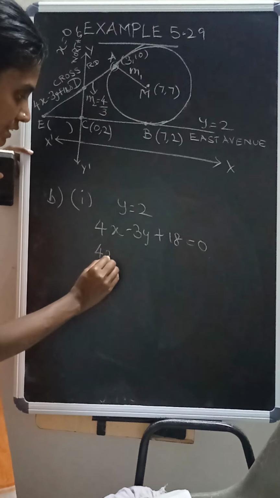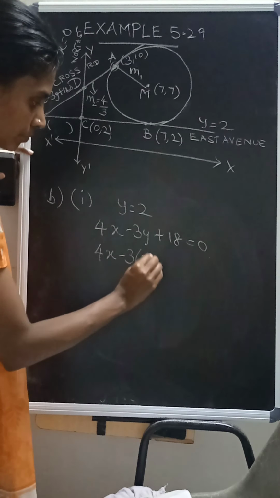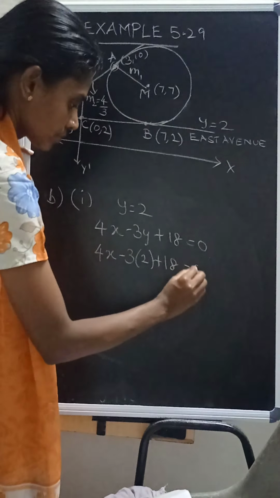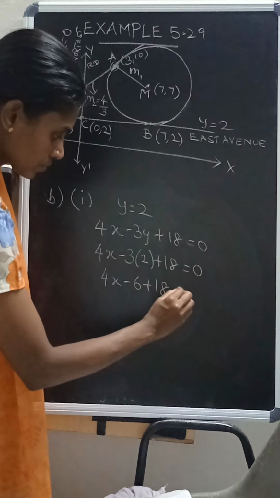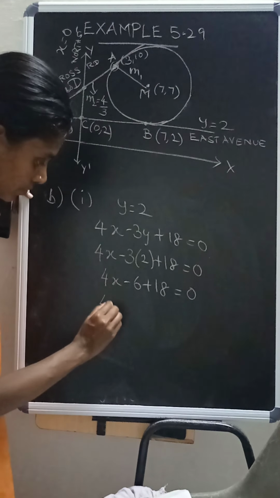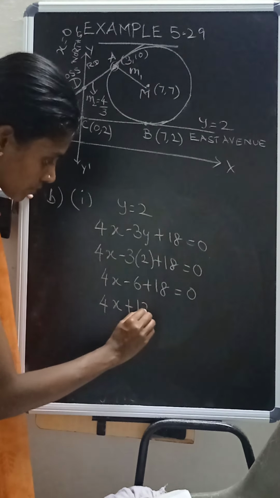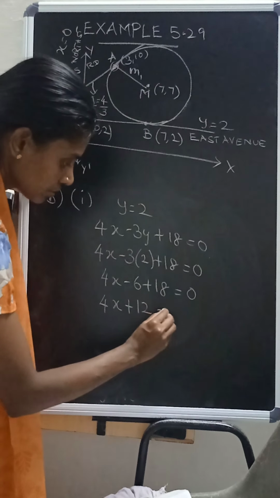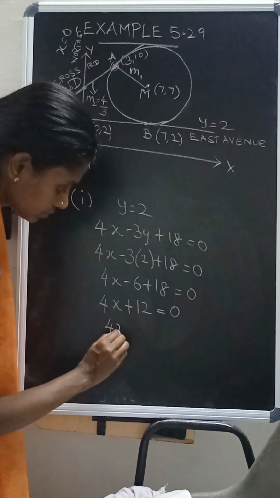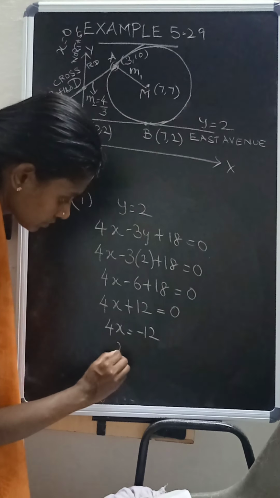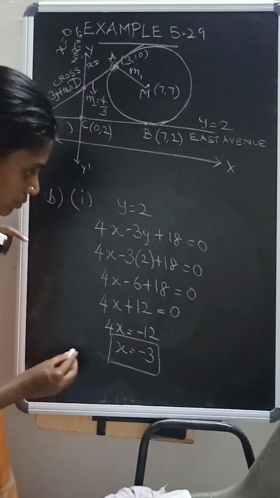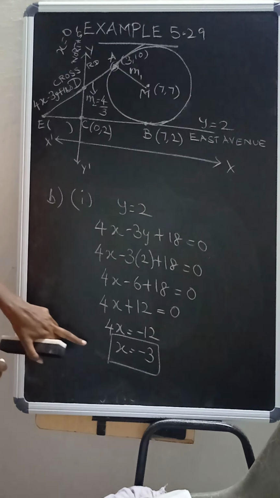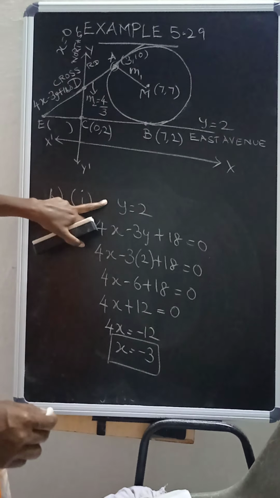So 4x minus 6 plus 18 is equal to 0, 18 minus 6 is 12, so x is equal to minus 3. x is equal to minus 3 and y is equal to 2.